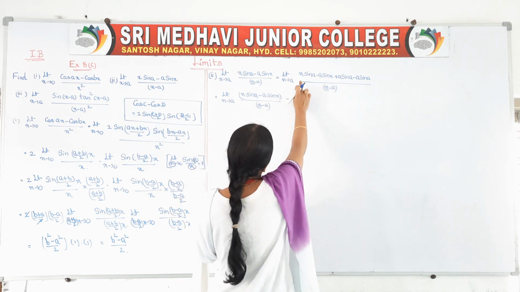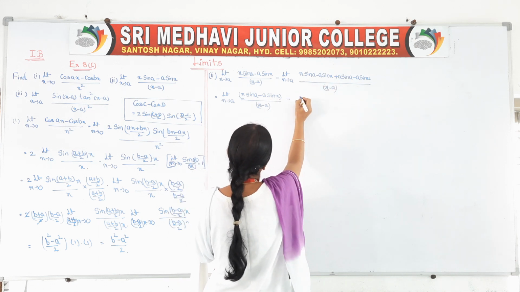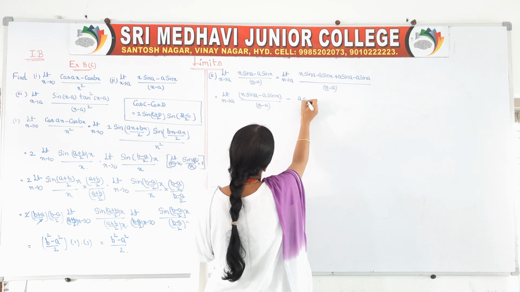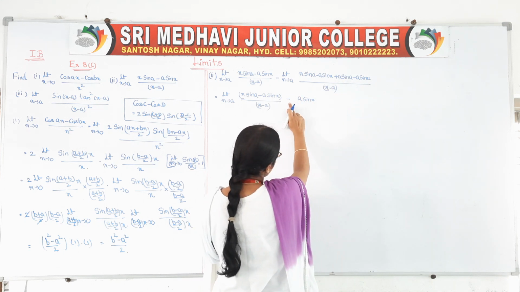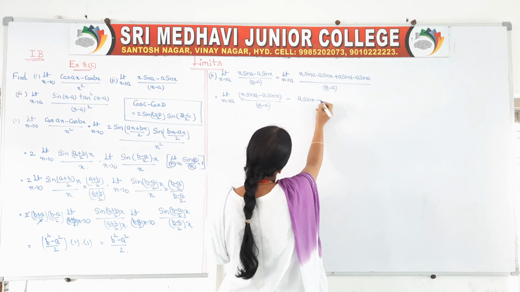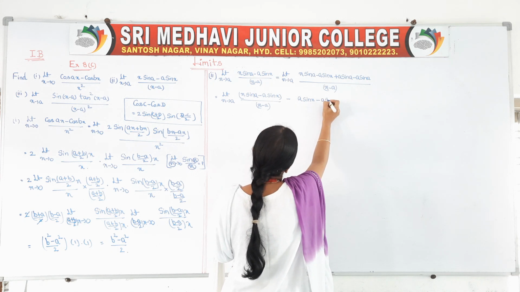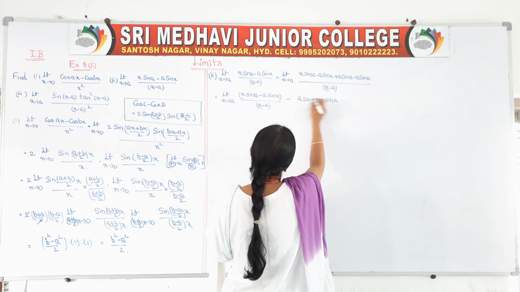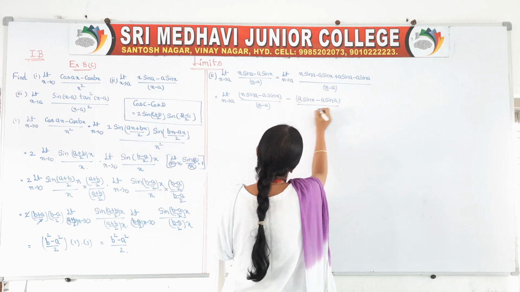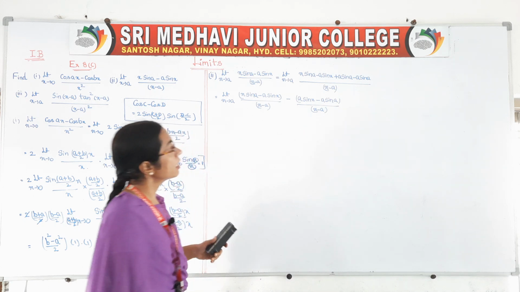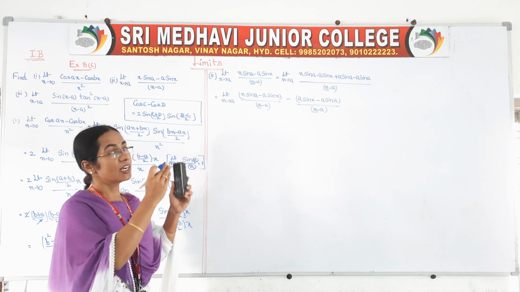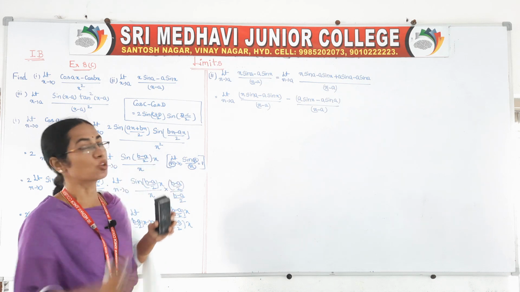So x sin a, this is a sin x, so a sin x. So this is positive, but I have taken already minus sign, so inside minus it is a sin a, by x minus a. We divided the given value into two parts.